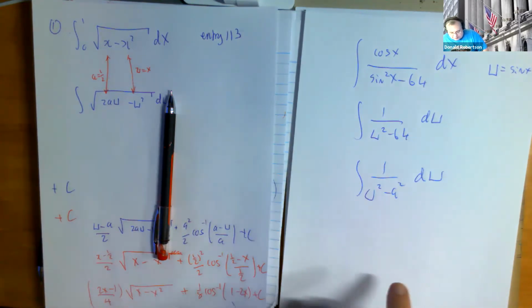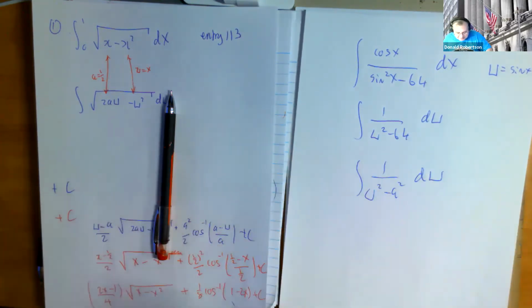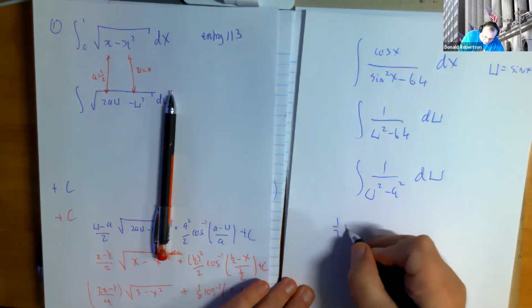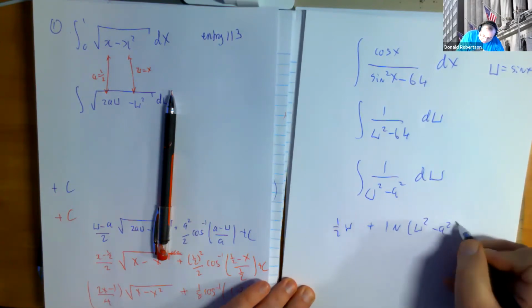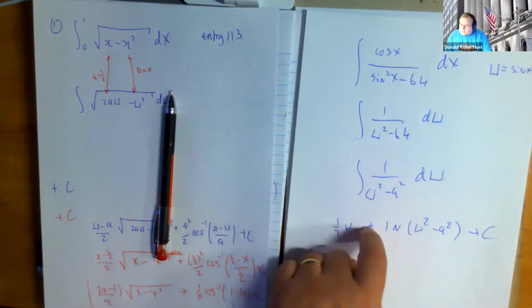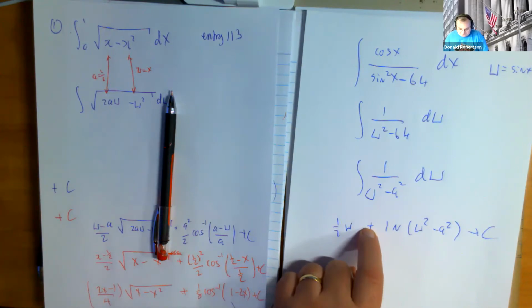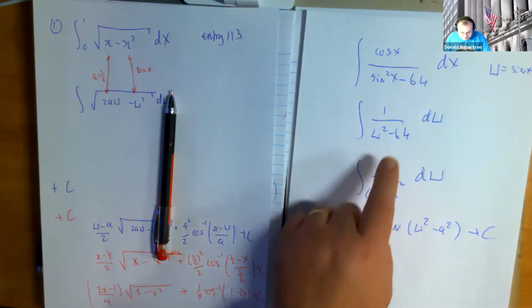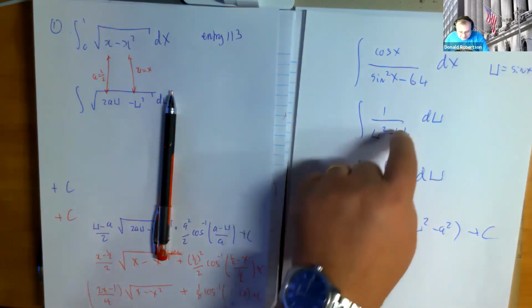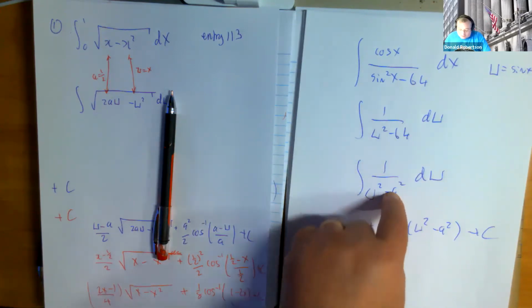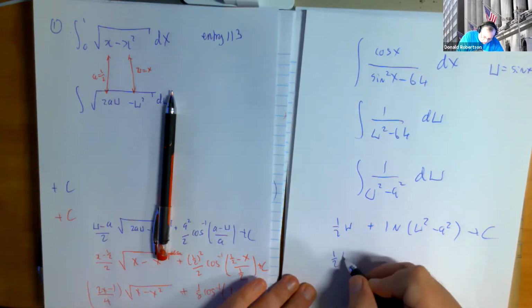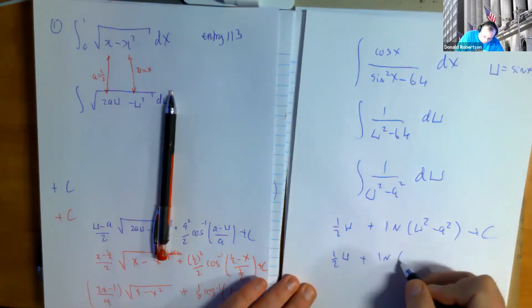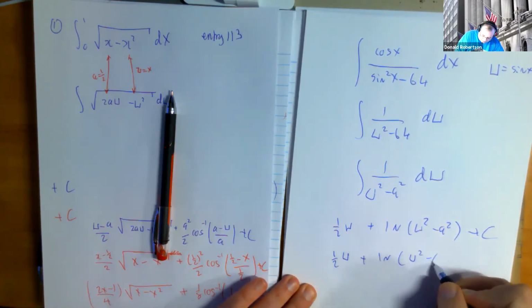Now, I'm not going to go through it, it would take too long, but can I just pretend, totally wrong but made up, that the answer was a half u plus the natural log of u squared minus a squared, just for argument's sake? In this case here, wouldn't u be u and a would be 8? Agreed? So this would turn into 1/2 u plus the natural log of u squared, take away 64.